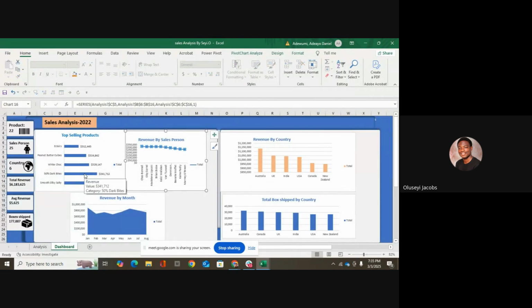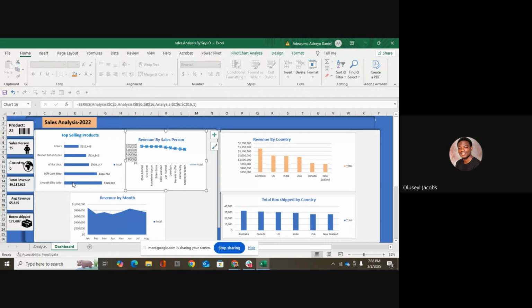As you can see, the top selling product was Smoothie Silky Salt, and it has a total revenue of about $349,692. So that was the highest product that was sold. And if we look at the country that had more sales, it is Australia.